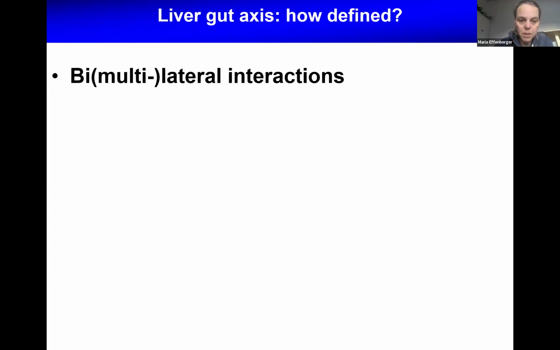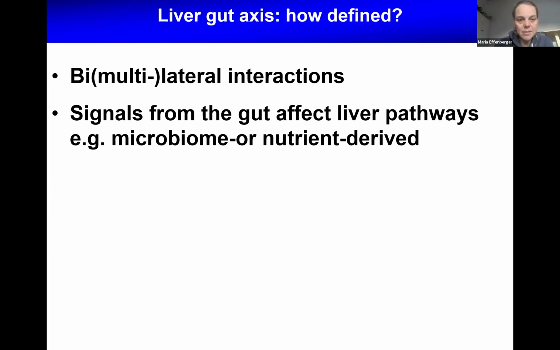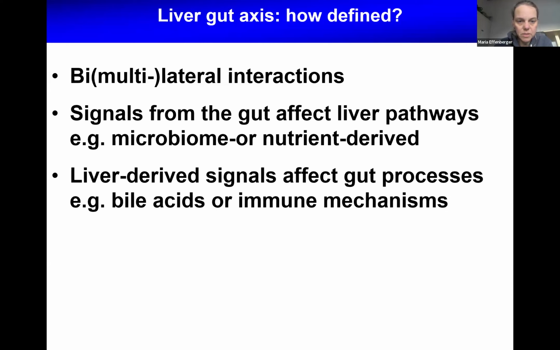So we have the picture of bidirectional interactions. There are signals from the gut which affect the liver, for example microbiome or nutrient-derived signals, as I already mentioned. But on the other hand, there are also liver-derived signals that affect gut processes, like bile acids or immune mechanisms.